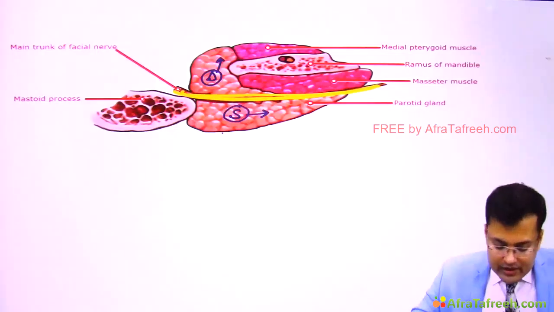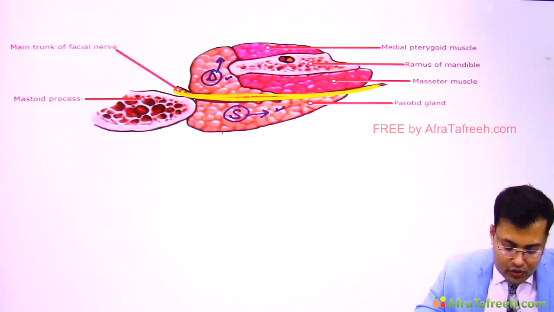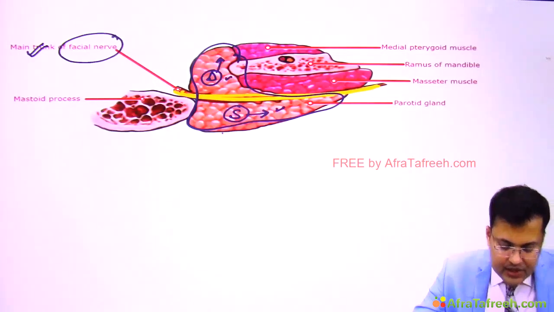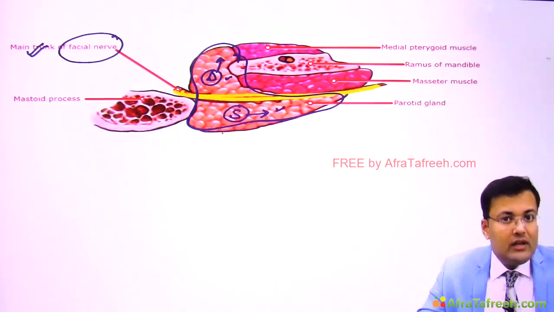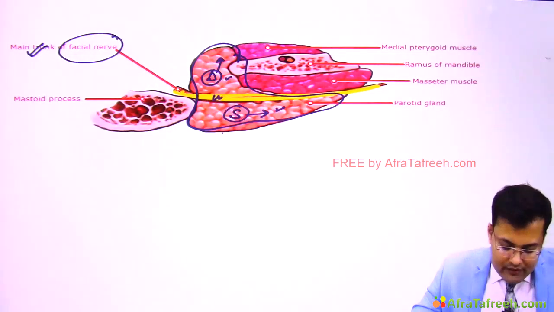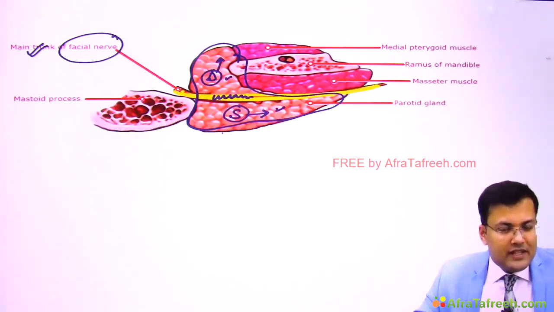When a tumor is involving both the superficial and deep lobe, and you remove the whole parotid gland but preserve the facial nerve, this is known as total conservative parotidectomy. And if the tumor is involving the facial nerve also, you remove the superficial lobe, deep lobe with the facial nerve.